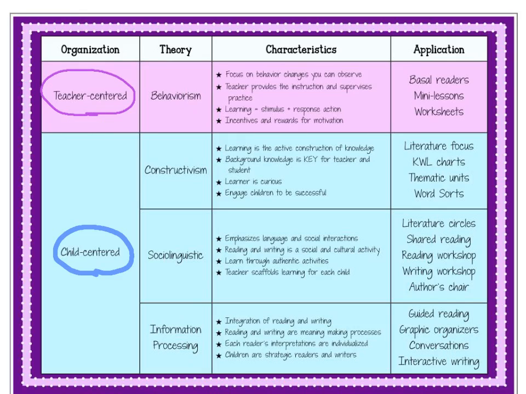Now, a teacher that is following a more sociolinguistic theory is going to have a lot of interactions between the students. And so you'll see literature circles where students are leading each other in discussions, shared reading times where both the teacher and the students are reading together.